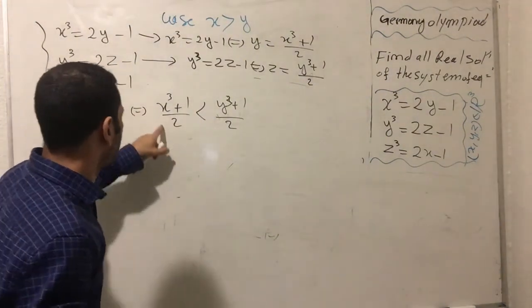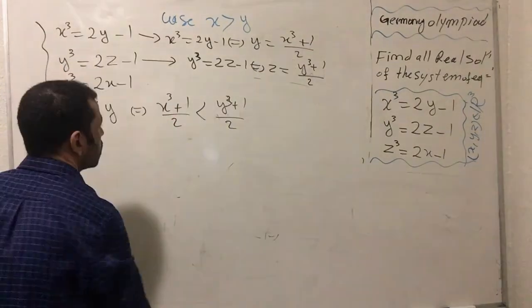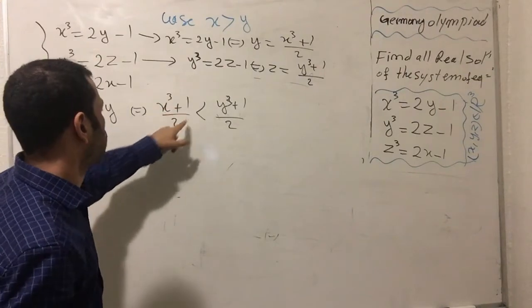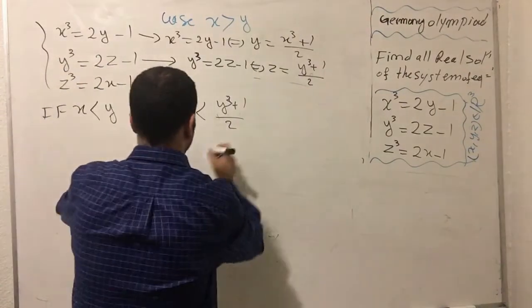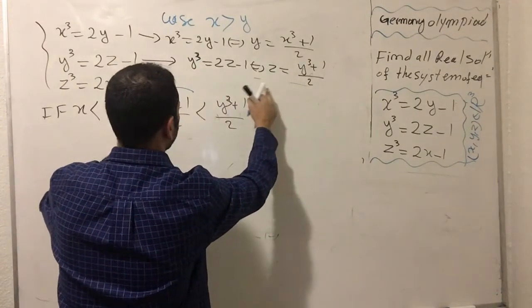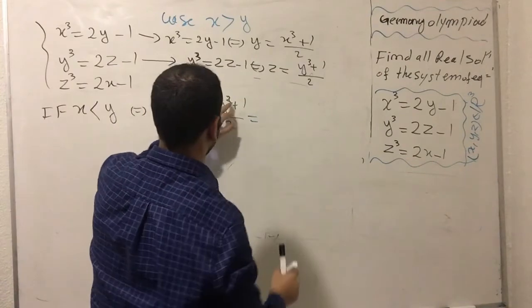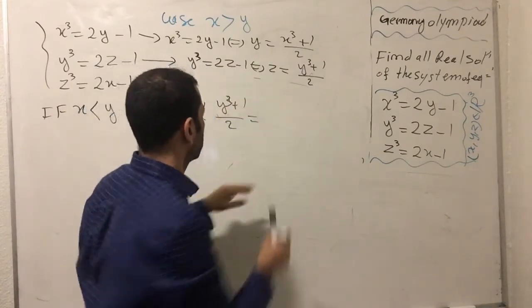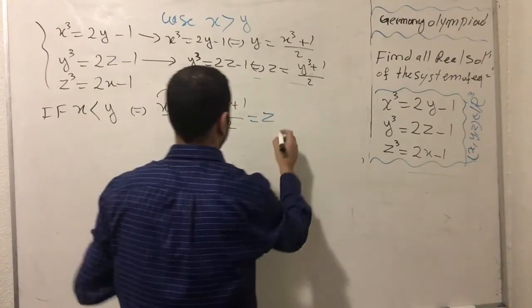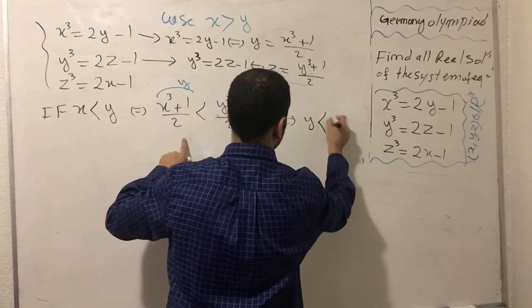This term x cubed plus 1 over 2, which we already have, is y. And y cubed plus 1 over 2 is z. This implies y is strictly inferior to z.